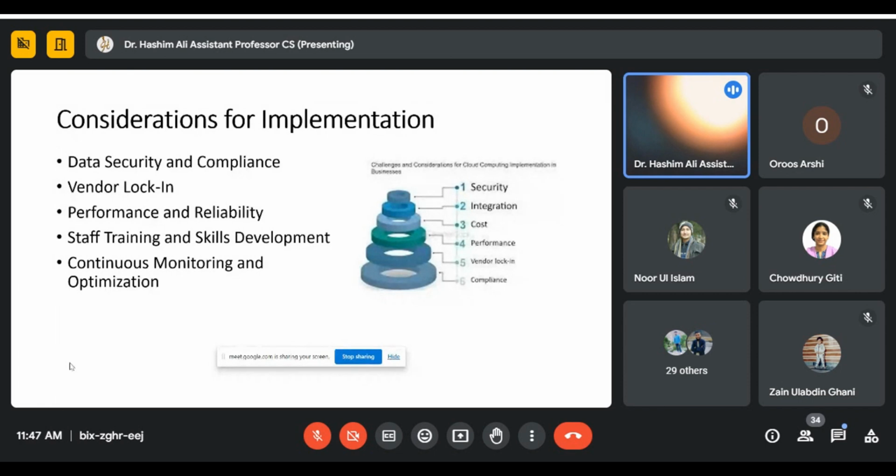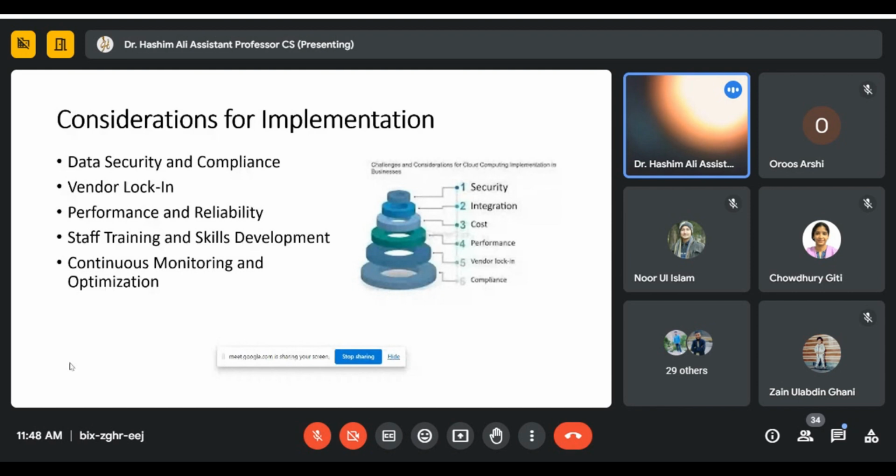So these are the few challenges and considerations. First one is the security. Second one is the integration, that is how we will integrate cloud computing with our application. Then we have got the cost.